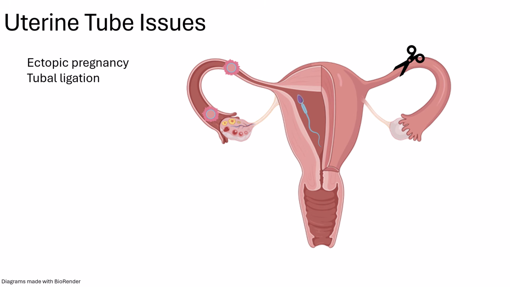Tubal ligation can be done through a lot of different methods, including cutting, tying, using clips, using rings, anything to block the uterine tubes. While it's highly effective at preventing pregnancy, it is considered permanent, and reversal is often complicated, so it's typically chosen by women who do not wish to have children in the future, and is also typically chosen after counseling to make those decisions.